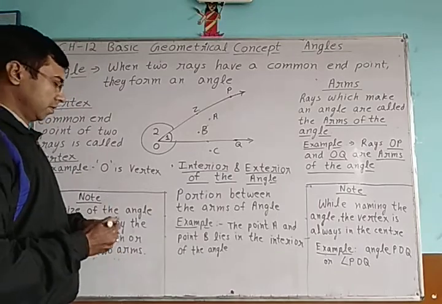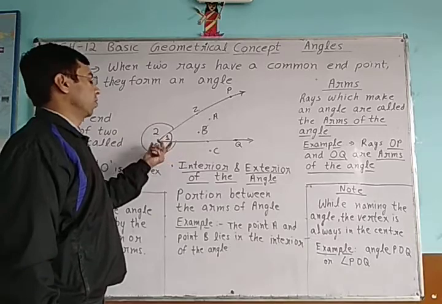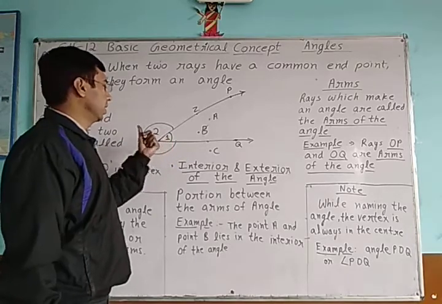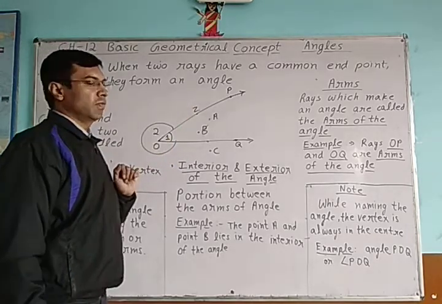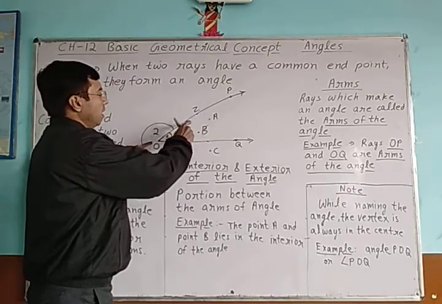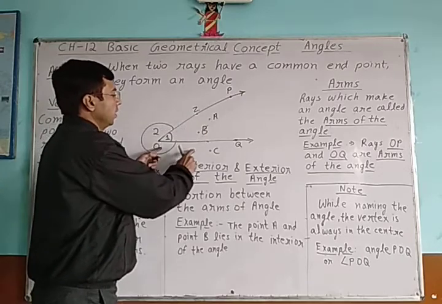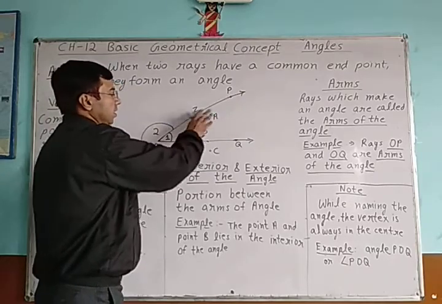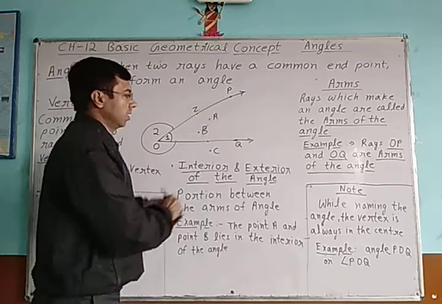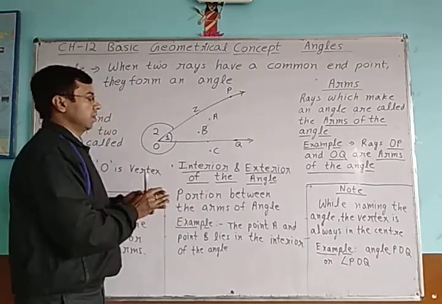Now students, the portion between two arms or two rays which are making an angle is called the interior of the angle. The portion between arms OP and OQ is the interior of the angle, and the portion outside is called the exterior of the angle.